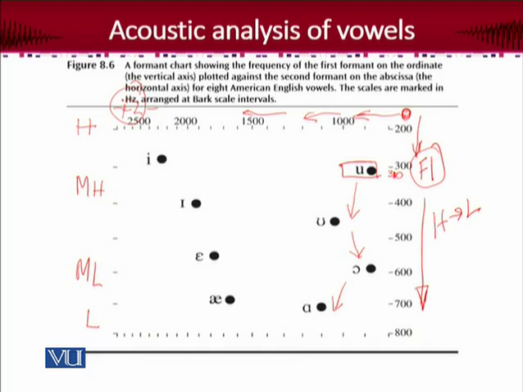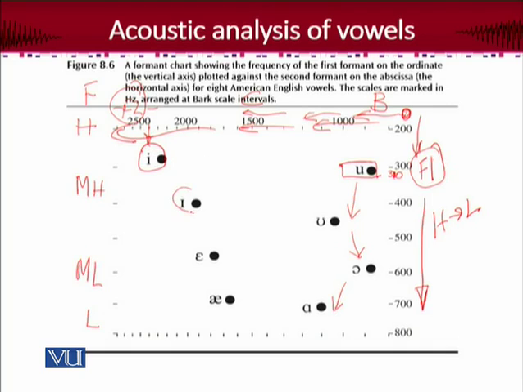And then this connection for F2: when it is lower, then we have back vowels, back, center, and front, right? So when it is increasing, we are going from the back to the front position, like for E, which is the most front vowel. So it has the maximum, around about 2400 value for its F2.